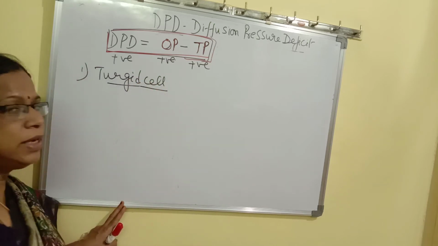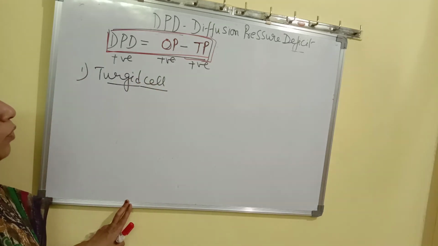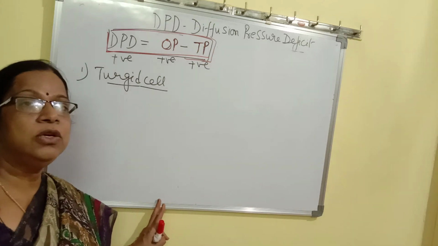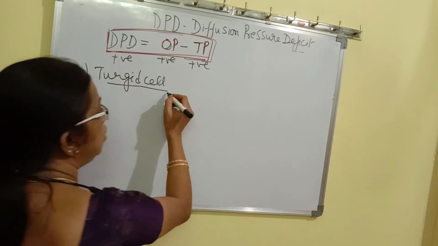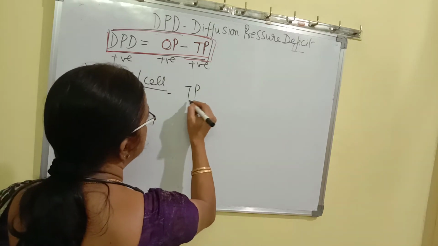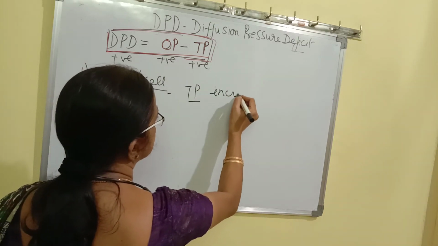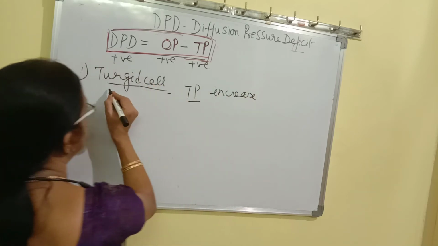Turgidity is developed in a cell due to entry of water. So when turgidity is developed, turgor pressure will increase.